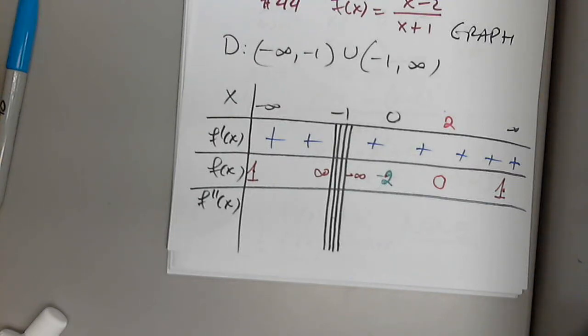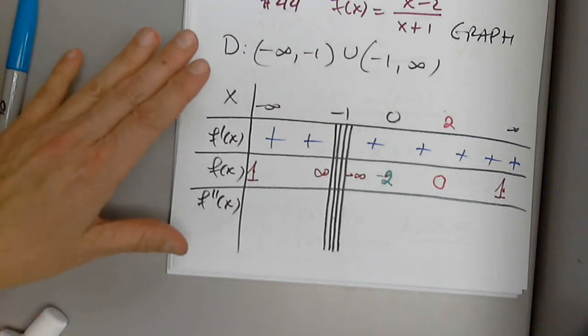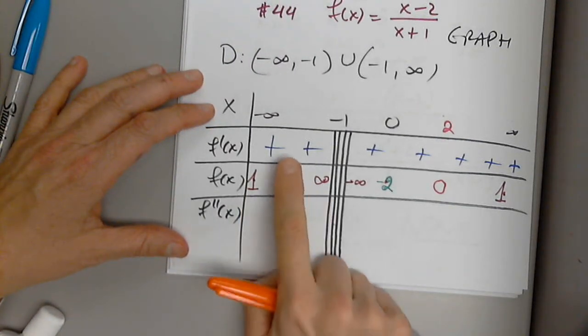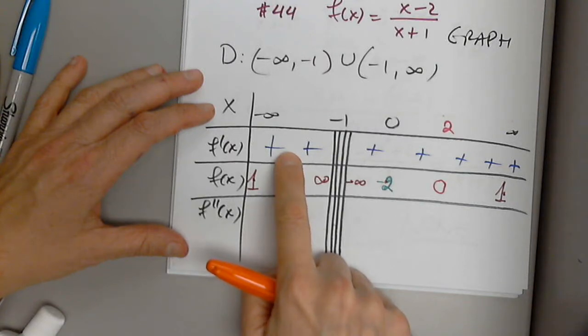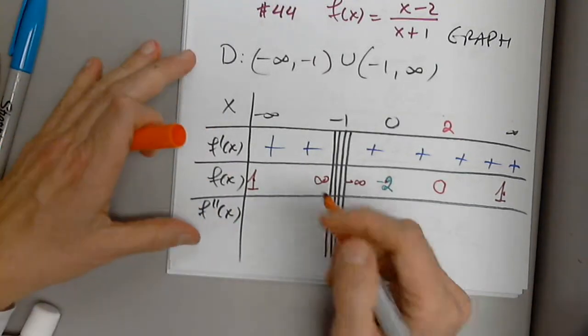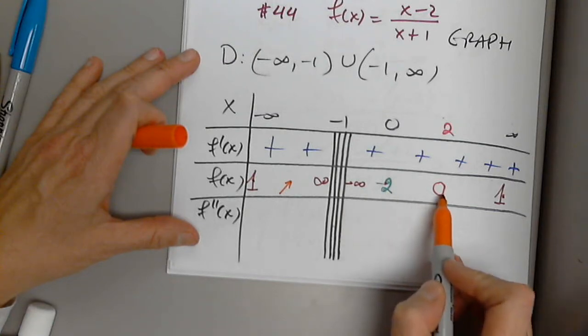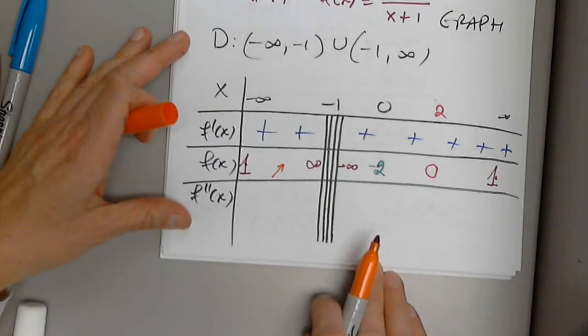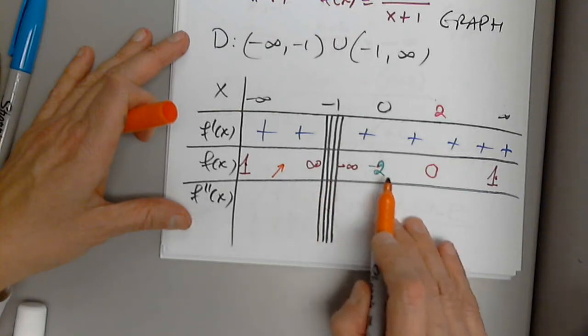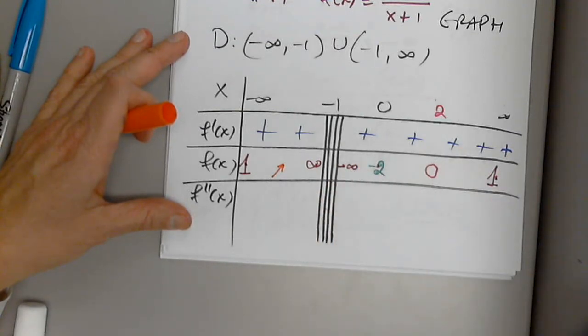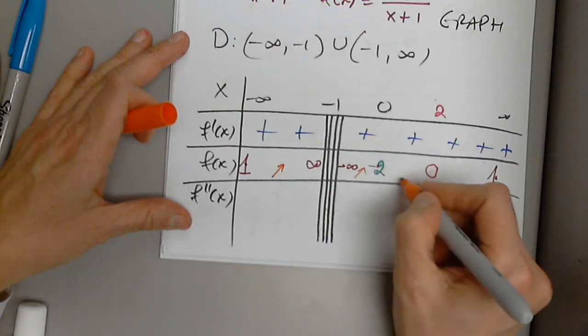If they don't, I have errors. So, from 1 to infinity, what does the function do? Increases. Is that supported by the sign of the first derivative? Yes. From -infinity to -2 to 0 and to 1, what does the function do? Increase. Is that supported by the sign of the first derivative? Yes. Awesome.